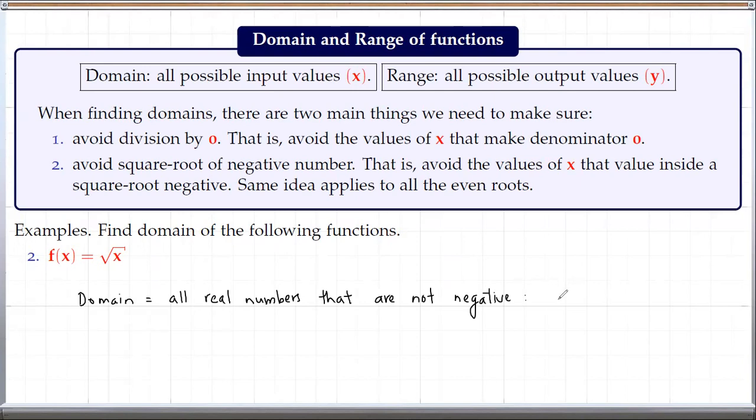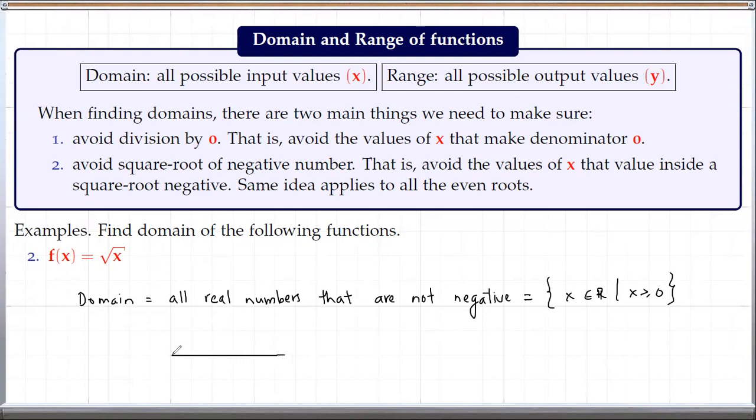So basically, we can write this as x is a real number such that x is greater than or equal to 0. So this is the domain.